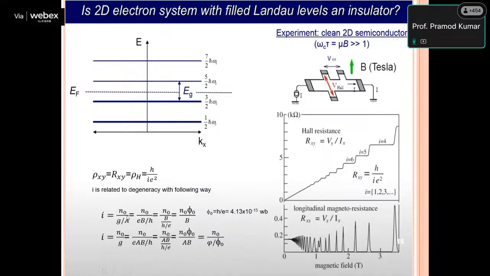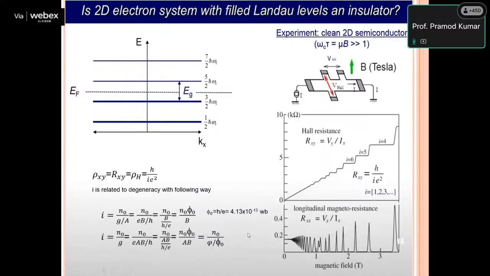I is n0, the charge carrier concentration, divided by the degeneracy per area, or n0 divided by eB/h, or n0 divided by B/(h/e), or n0 Φ0 / B. Φ0 is h/e, which is 4.13 × 10^-15 Weber. So if the area is not involved, you can also write it this way.